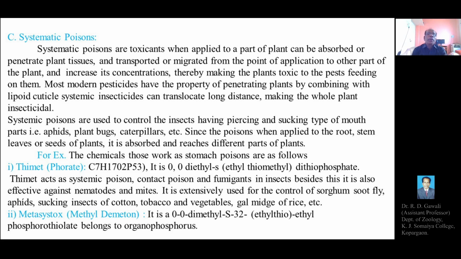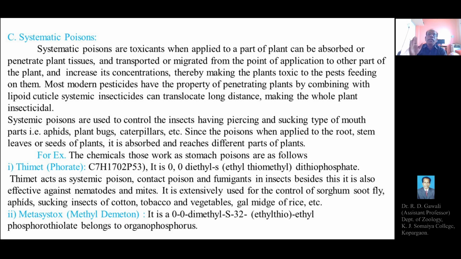This leads to phytotoxicity. Systematic poisons are used to control insects having piercing and sucking type of mouth parts, like aphids, plant bugs, caterpillars, etc.